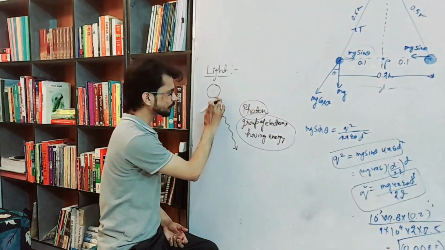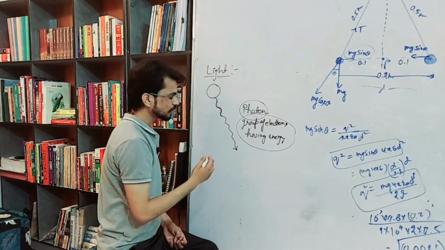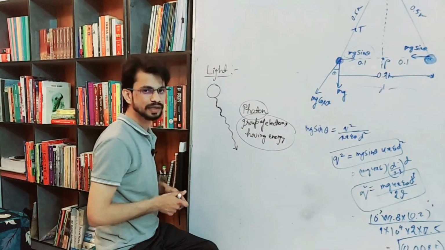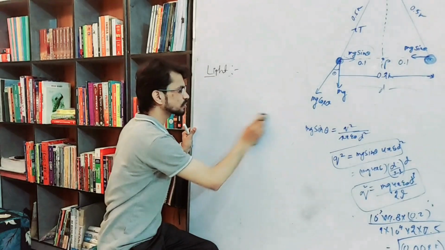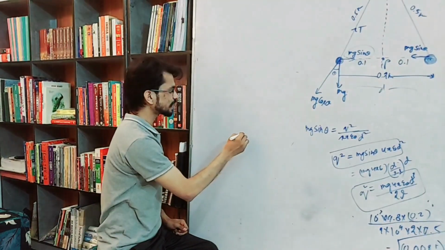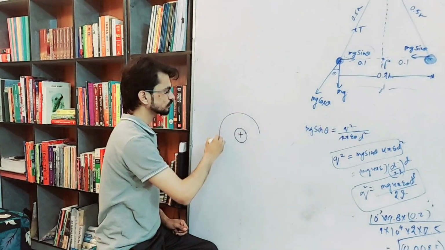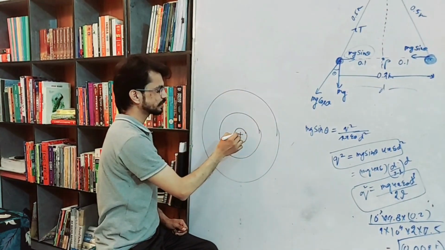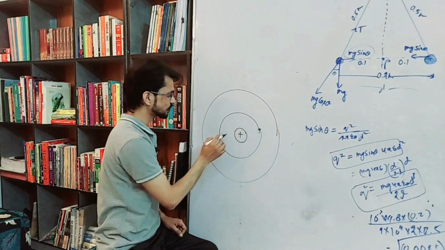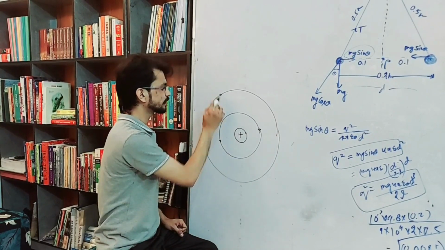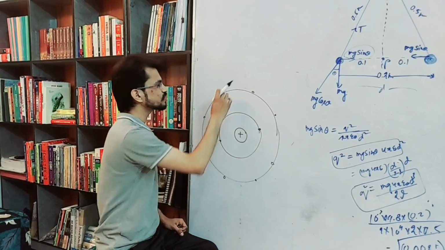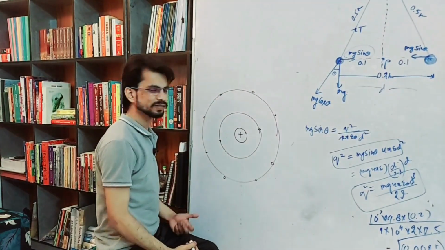So whenever light coming from the sun or from any other artificial source is made to fall on a transparent material, let's take the example of glass, what exactly happens at the microscopic level? Let's say this is an atom of a glass material, and this is the nucleus, having a positive charge. This is the first orbit, containing a maximum of 2 electrons according to the Bohr-Bury law, and this is the second orbit, containing a maximum of 8 electrons, and so on. Other orbits can be made in the same manner.